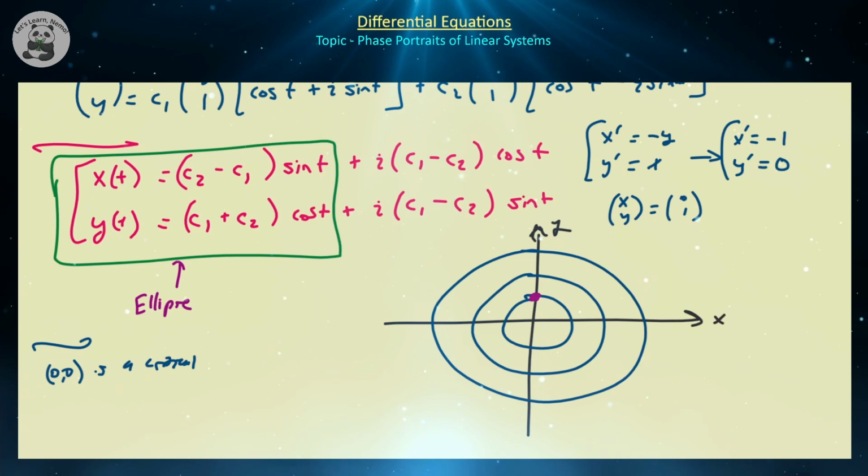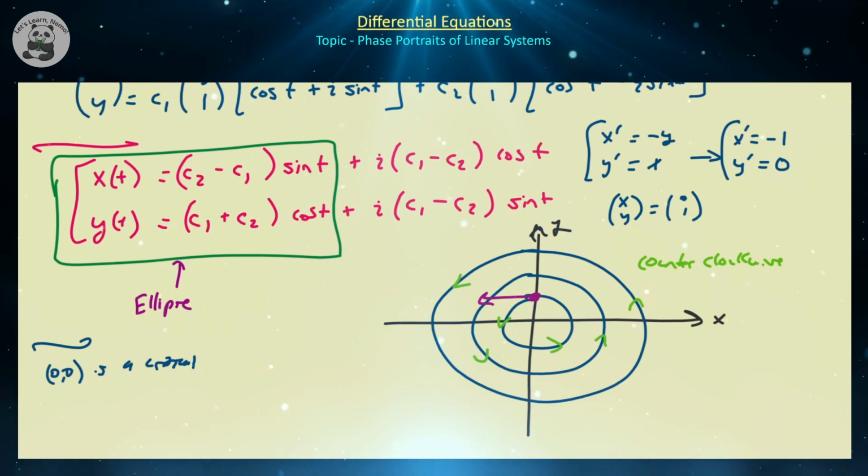We're pointing along the vector (minus 1, 0), which is the negative x-axis. So we're pointing in that direction, which means that these orientations are going to be counterclockwise. Right, so a counterclockwise rotation.